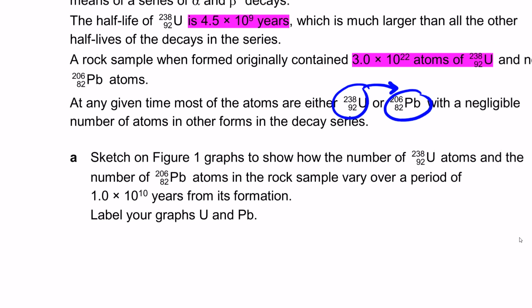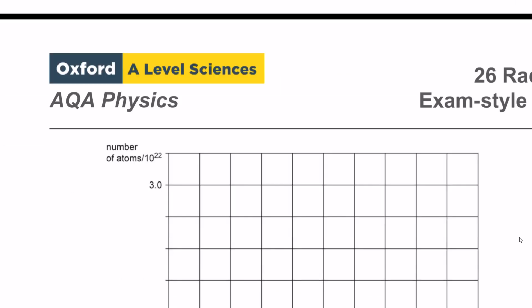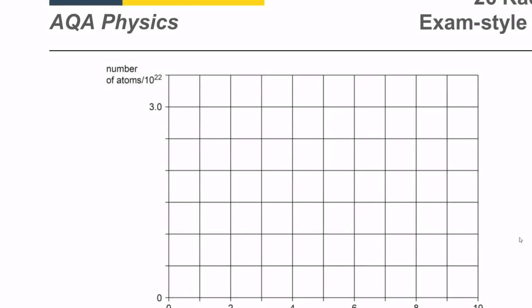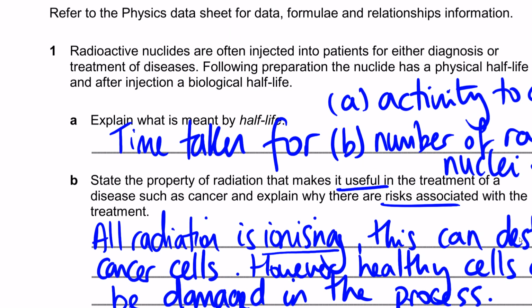So remember, these two bits of information are going to be key here. We've got our initial amount, which is 3 times 10 to the 22. We've been told our T half, or half-life, is 4.5 times 10 to the 9 years. We've already mentioned in part A what the half-life is.